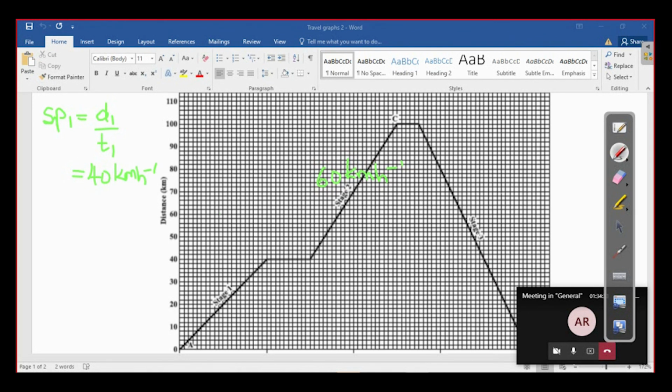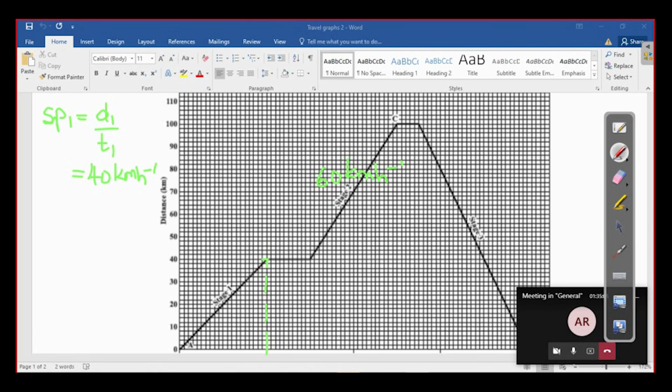So on the first stage we calculated the speed because we completed a total distance of 40 kilometers, and the time taken to complete the first stage of the journey, let's just make sure, there we go, it took them an hour to do that, right? So that's how we could get the stage 1 distance as 40, time as 1 hour, and speed 40 kilometers per hour.